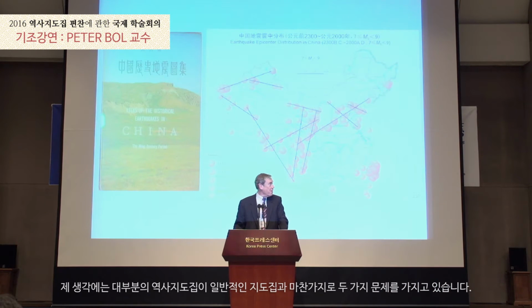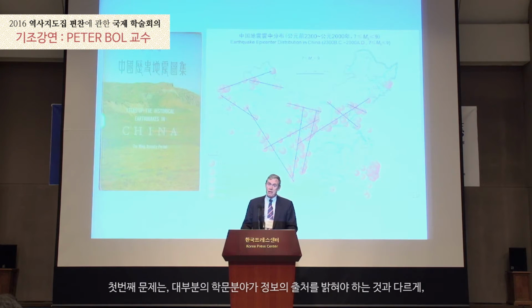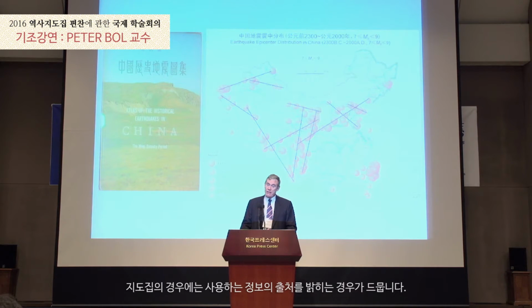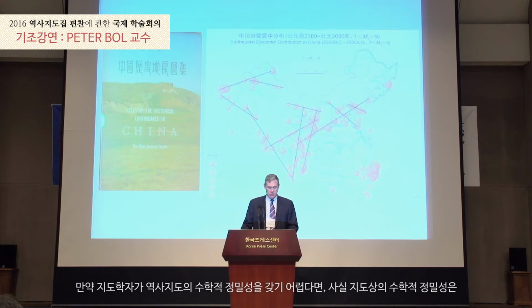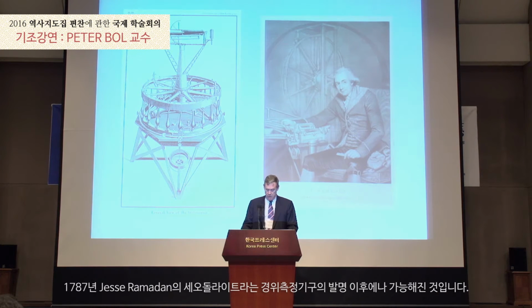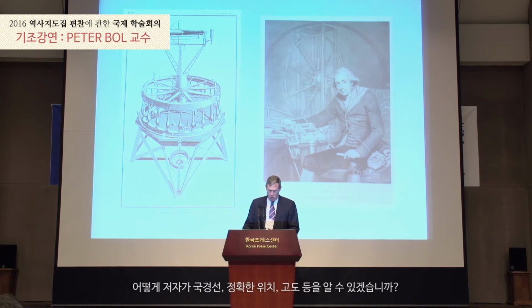First, in contrast to most scholarship, in which the sources of information are cited, atlases give little information to justify the depictions created. If cartographers do not have access to historical maps created with mathematical precision, something that only became possible after Ramsden's invention of the modern theodolite in 1787, how did the authors know that this was the boundary line, the precise location, the elevation of something?